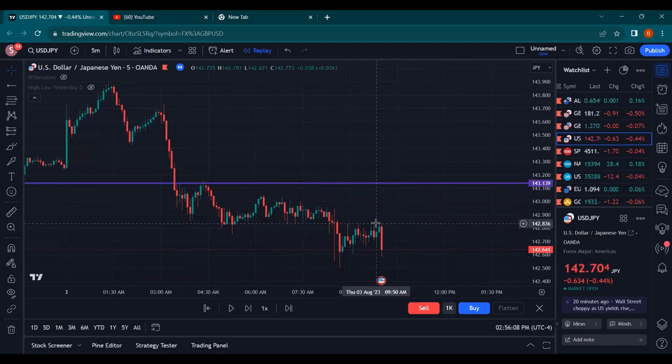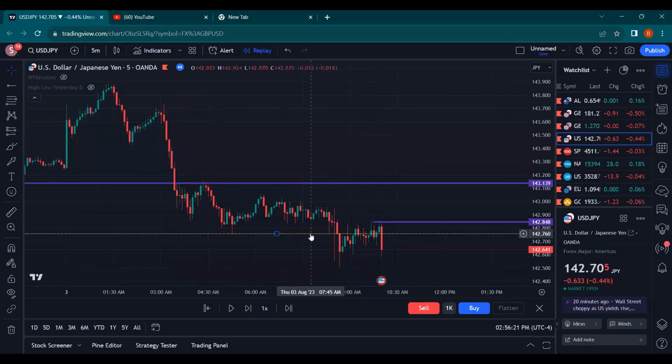So when it comes to supply and demand, the way you draw up your zones is, if we wanted to take a sell, saying that price is going to continue going down, we would draw our area on the opposite.